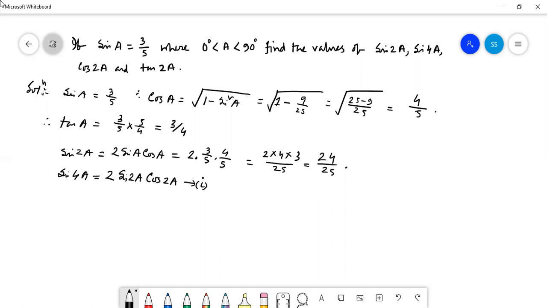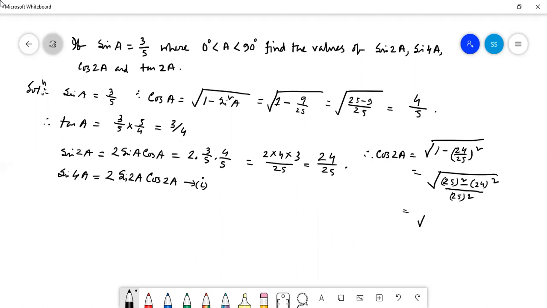As the value of sin 2A is this, the value of cos 2A can be written as root over 1 minus 24 by 25 whole square, which is root over 25 plus 24 into 25 minus 24.